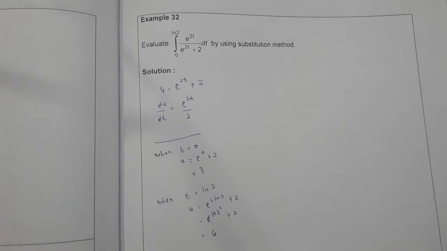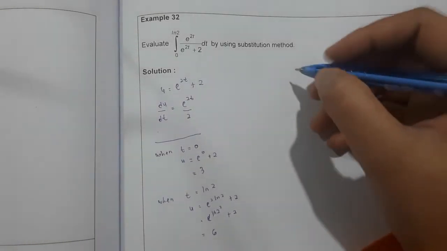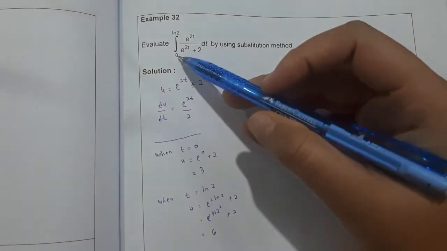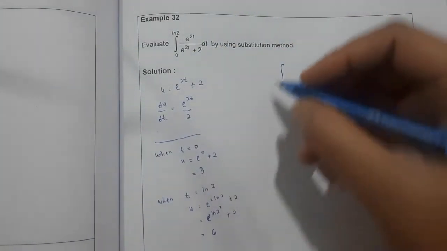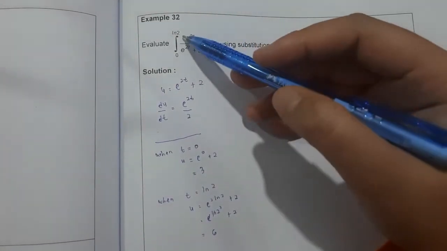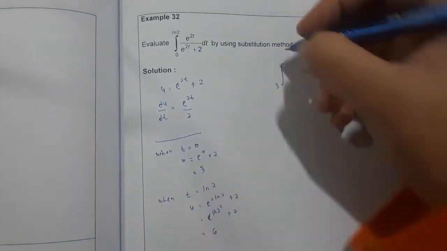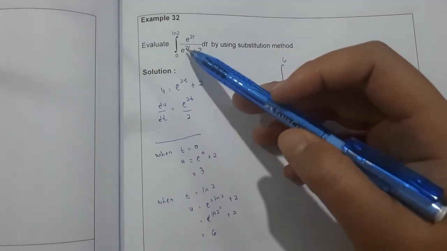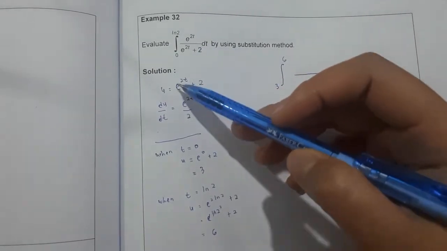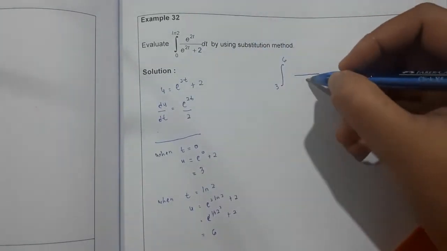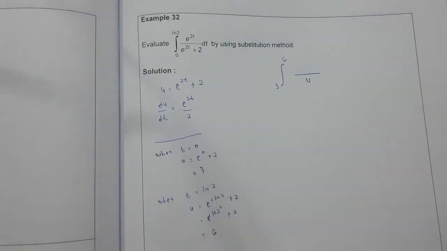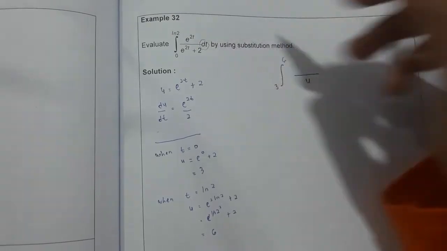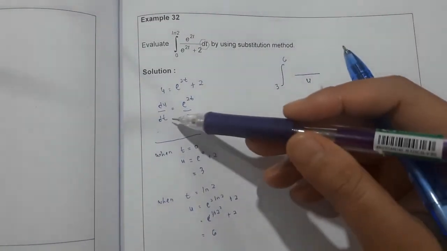Now let's do the substitution. Integration from originally 0, so now 3. Originally ln 2 and now 6. Replace exponent 2t plus 2 by u. And then next, I want to replace dt. We can take dt from here.